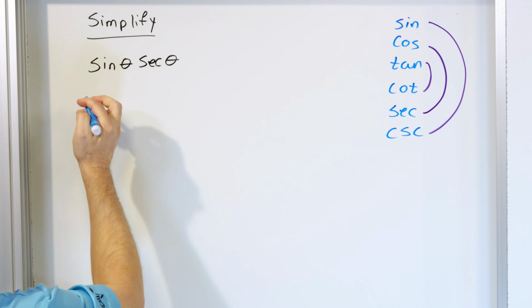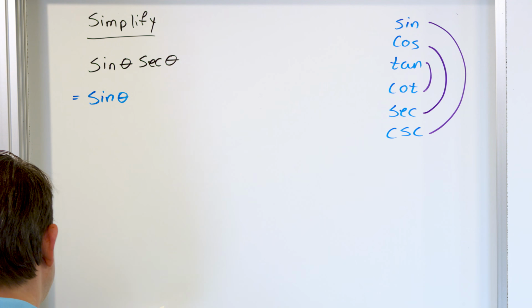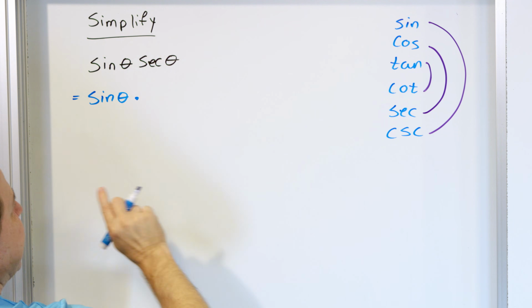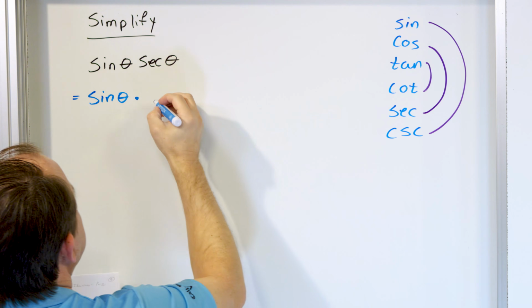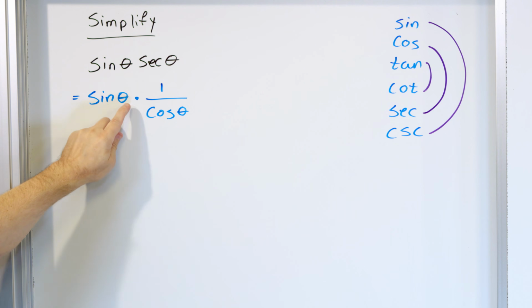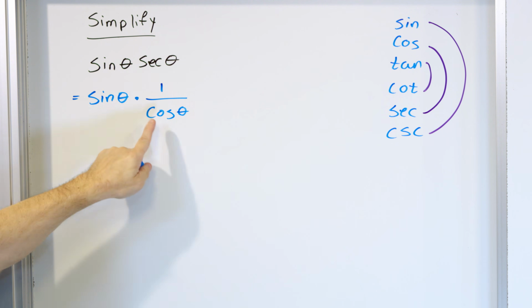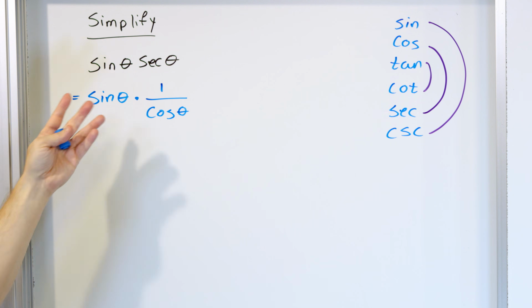So for the next step, sine of theta is here, but I'm going to multiply that by secant, which I now know is 1 over cosine of theta. I put a dot here, whereas there wasn't a dot in the beginning, only because I have a fraction and I'm more comfortable putting the multiplication symbol there.